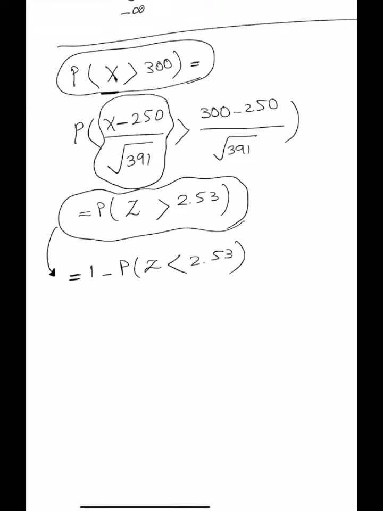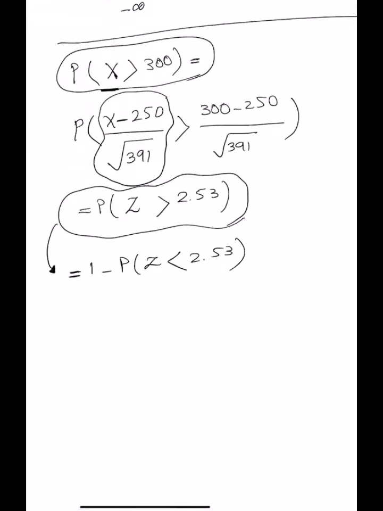Exactly. That way, I can use the table, because all the values in the table give me this type of probability. For any z value that I find in the table, like 2.53 or any value, what the table gives me is the probability of a random variable z being less than this value.